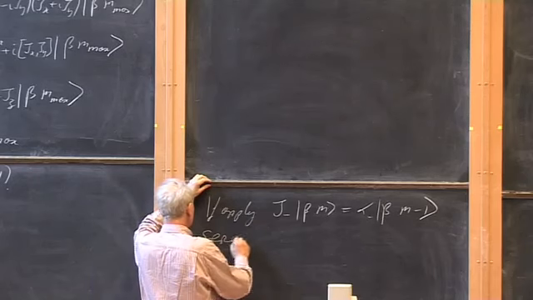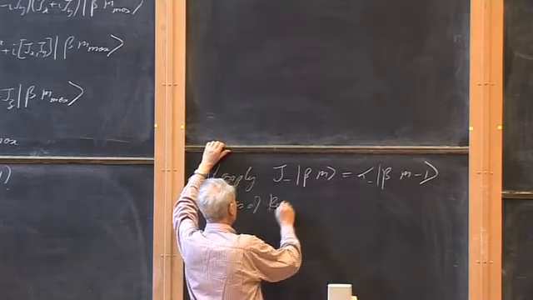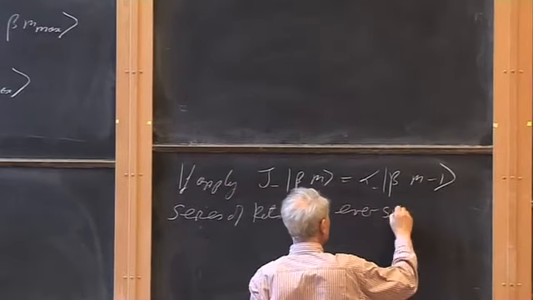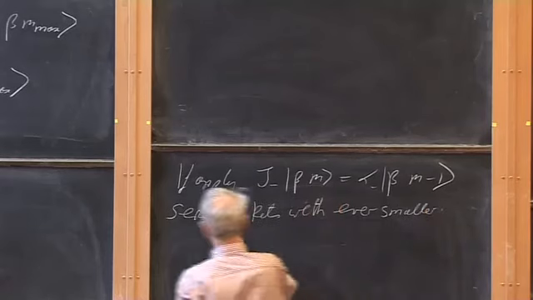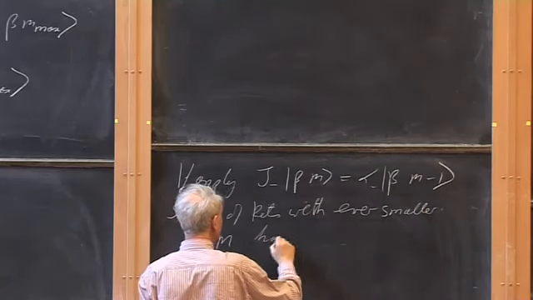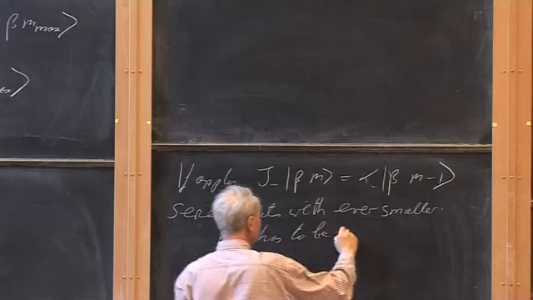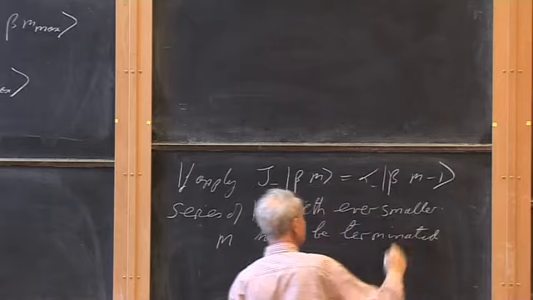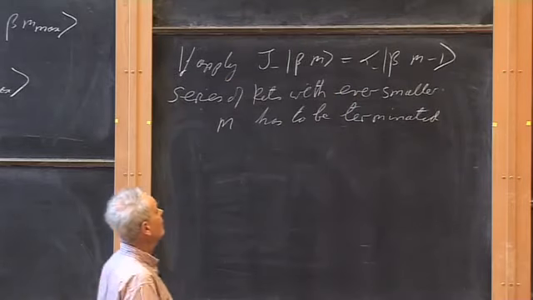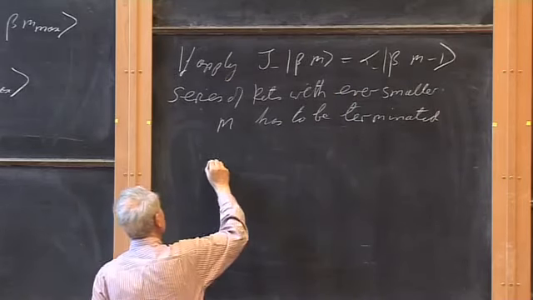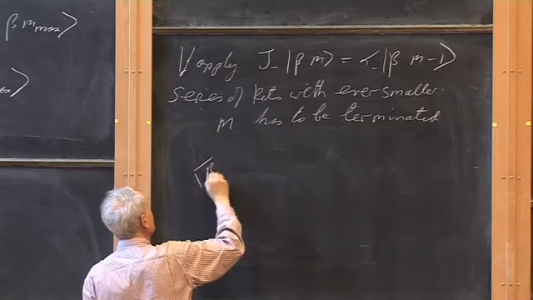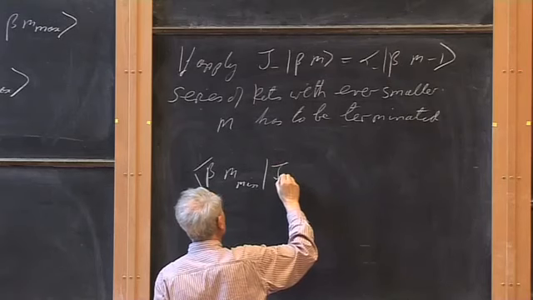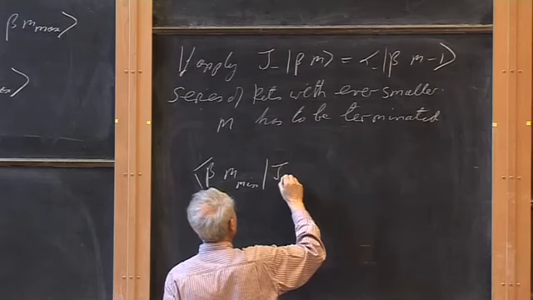So a series of kets with ever smaller M has to stop. So there must be a minimum value of M, which we imagine will be negative. So we're going to have that beta M min times J, well, I should write it differently.